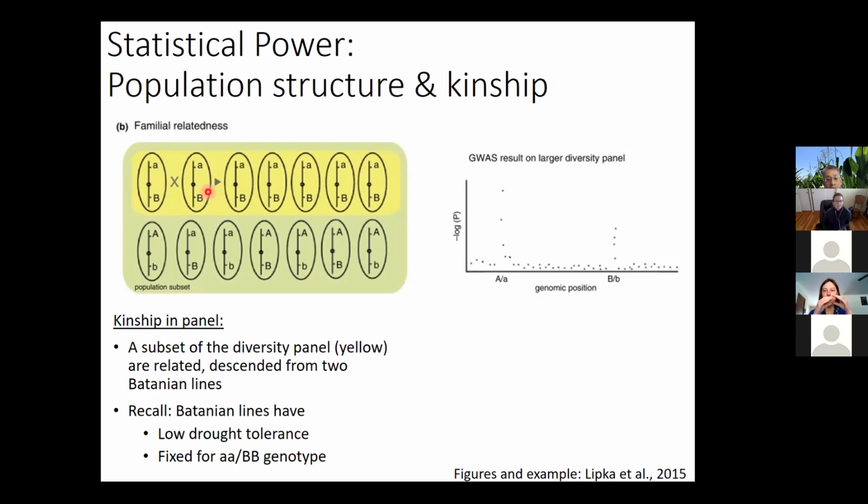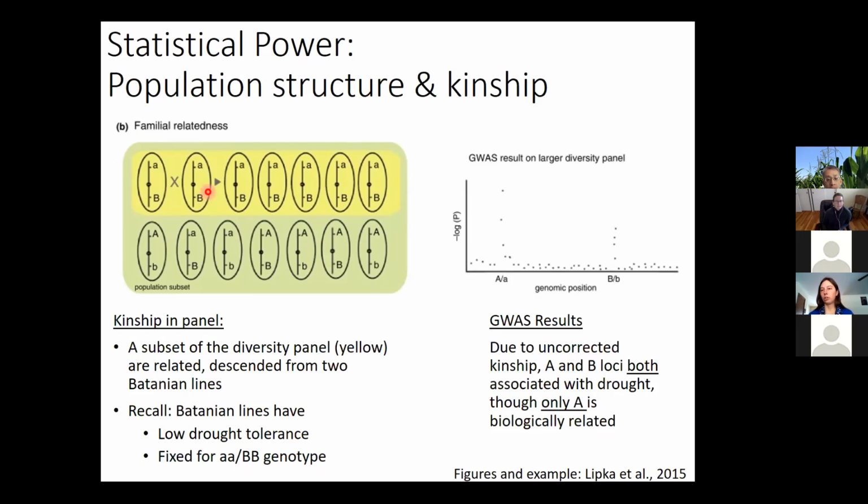So we have this family within our larger panel. If we don't correct for that family relationship, that kinship, we're going to find that both A and B loci again look like they're associated with drought, even though, as we said, only A is biologically related. So both kinship and population structure can lead to these false positives.